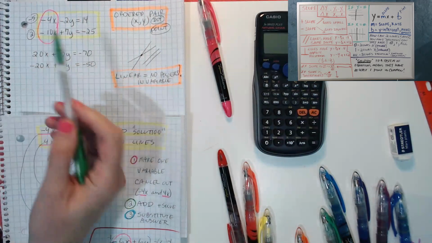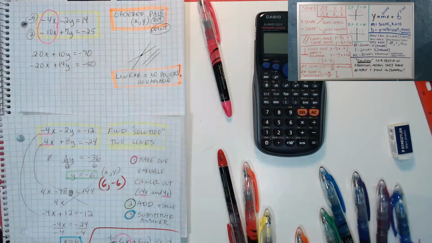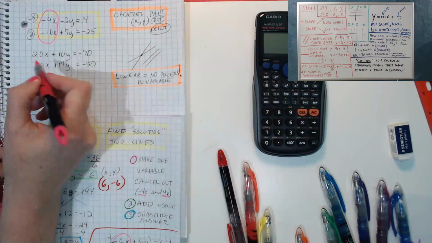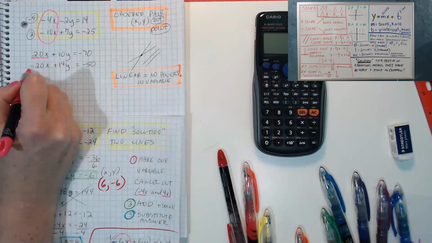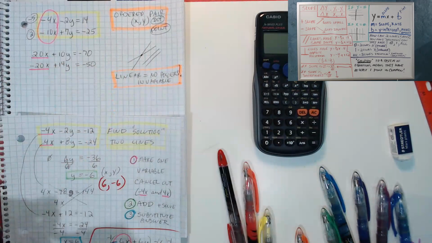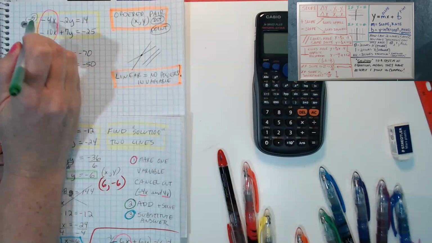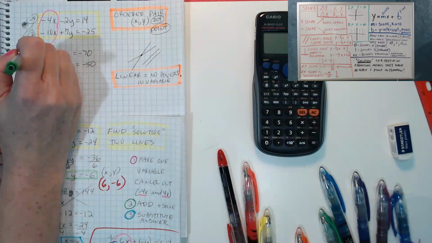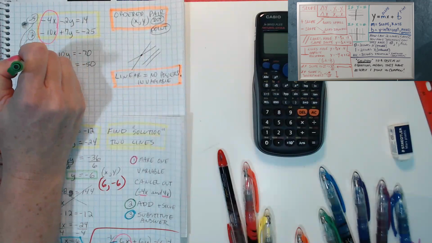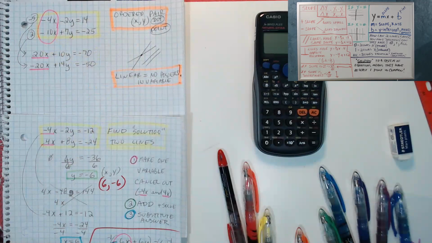I multiplied the bottom one. Those are the ones we're canceling out. This top one was when I used the 5, and this one's where I used the 2.